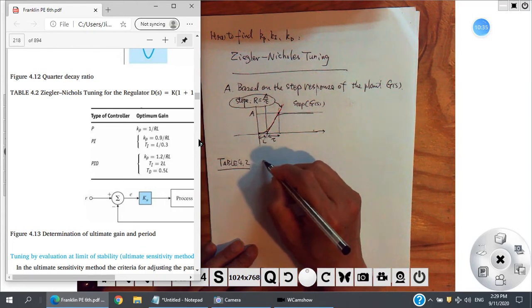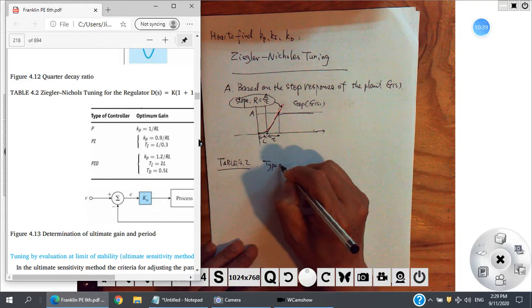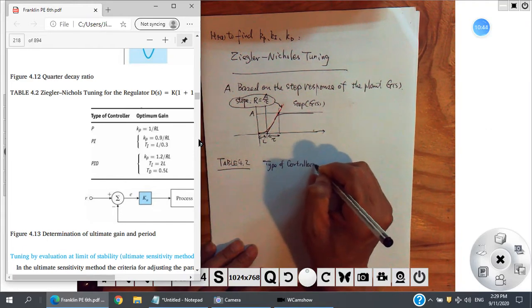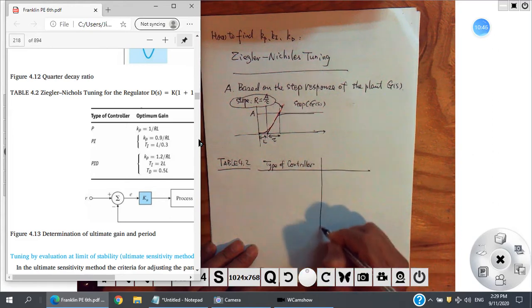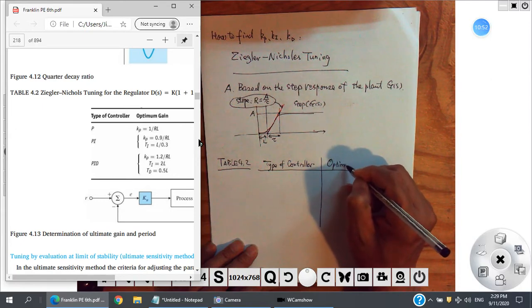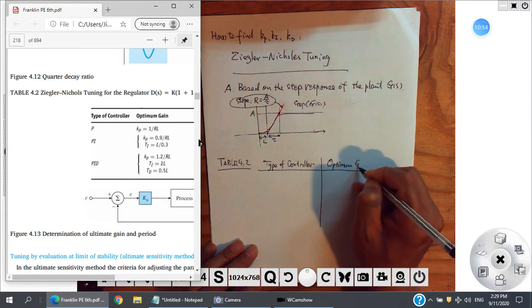So we have two columns. One is the type of controller, and the other side is the parameters. This is the gain, the optimal gain.